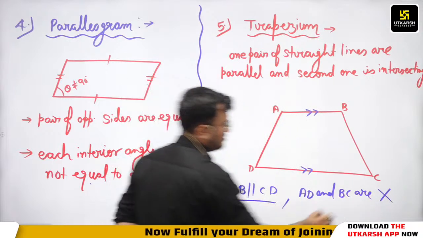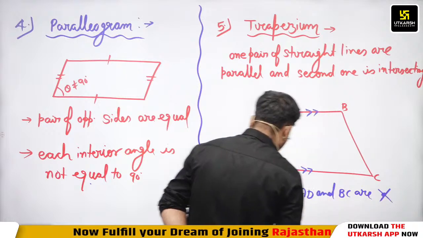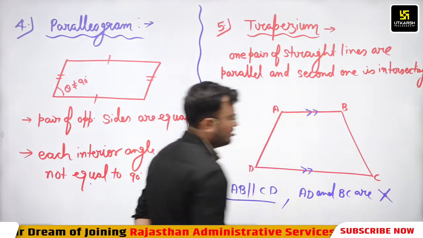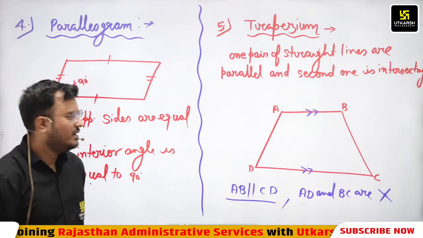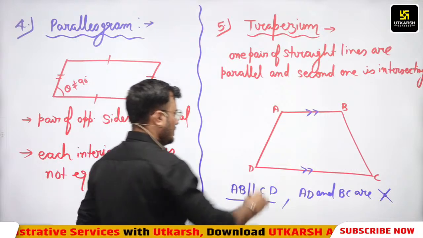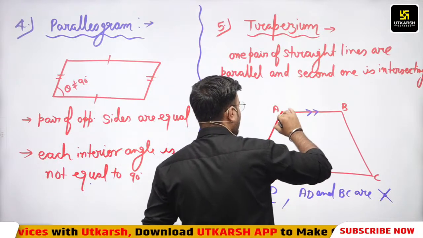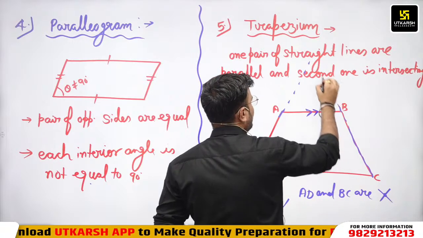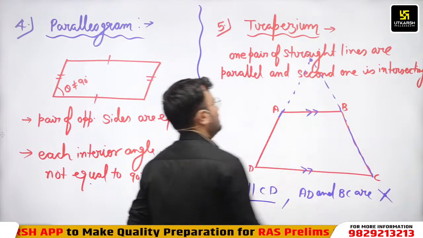This cross means intersecting. Intersecting means they are intersecting at a single point, or they will cut each other at a single point. So you are able to see if I extend AD and BC in such a way, they will cut each other at a single point.